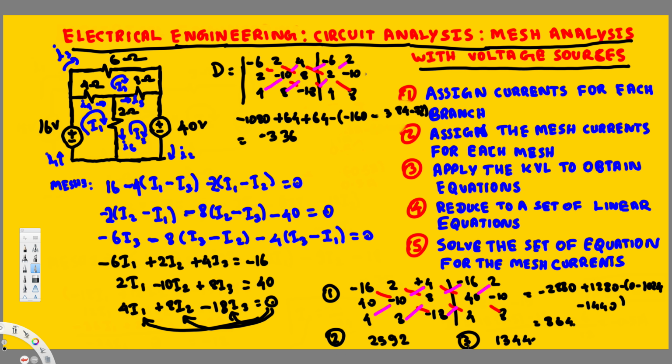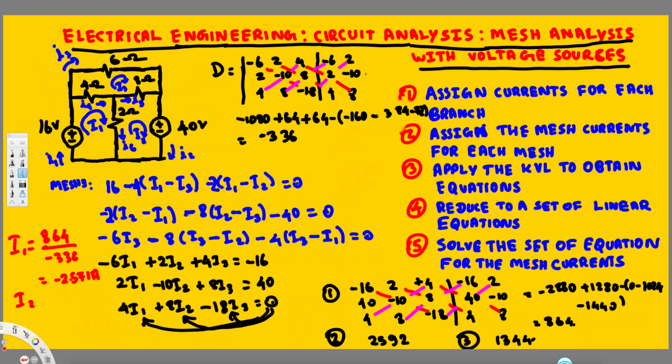Now we are going to do the Cramer's rule, like we have all the terms, right? Now first one, what we are going to do is calculate I1. I1 is going to be equivalent to this value. So whatever the determinant we found after swapping with the first column, that's 864, right? So 864 divided by the determinant of the original form, that's minus 336, and that's going to give you negative 2.571 ampere.